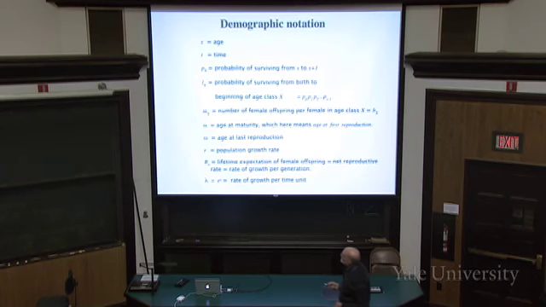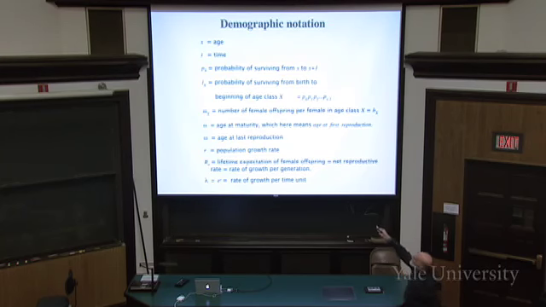Now, in order to analyze that, we need a bit of demographic notation. And I'll step through this just pointing out some of the key things where people can stumble when they first encounter this notation, and points that you want to make sure you keep in your memory as important distinctions.